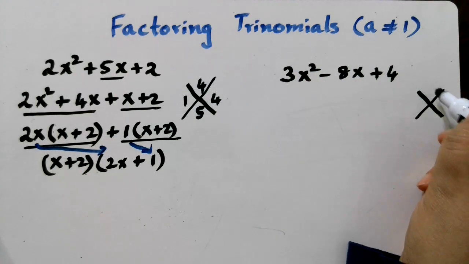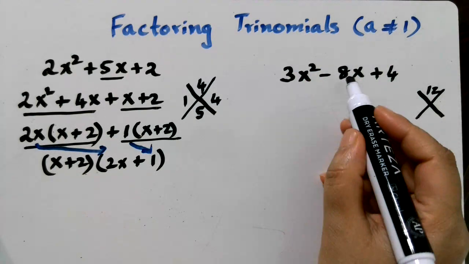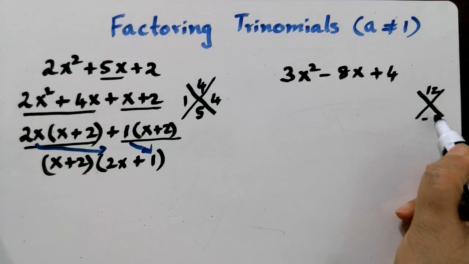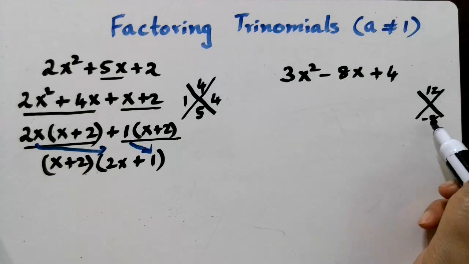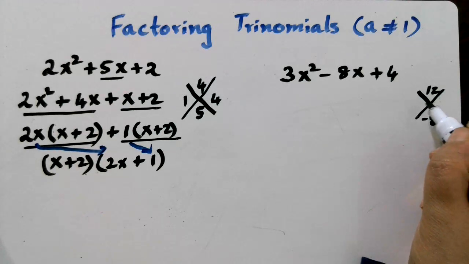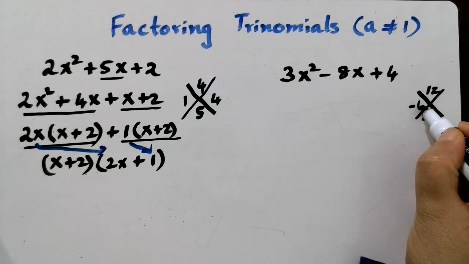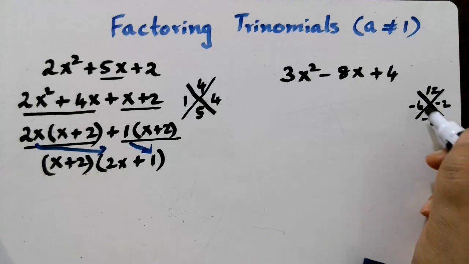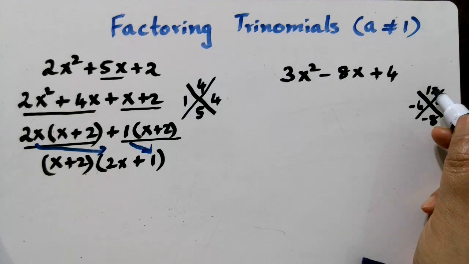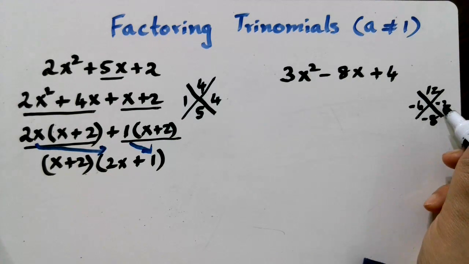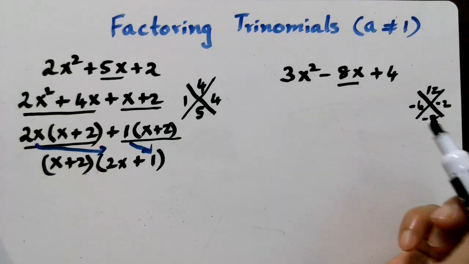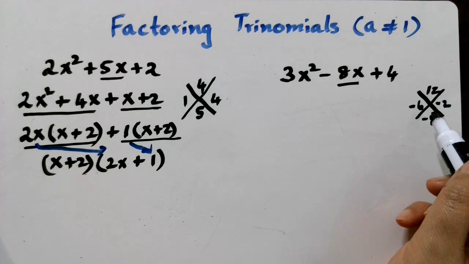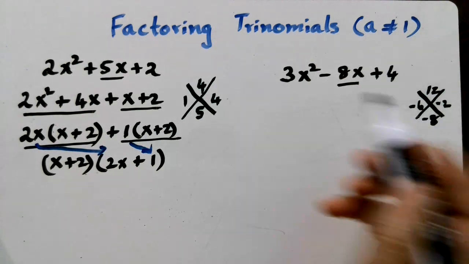So we need factors of 12 that add to give you negative 8. The factors of 12 that add to give you negative 8 are negative 6 and negative 2. Negative 6 times negative 2 is positive 12. Negative 6 plus negative 2 is negative 8. So you will split this middle term, negative 8x, using the numbers negative 6 and negative 2.